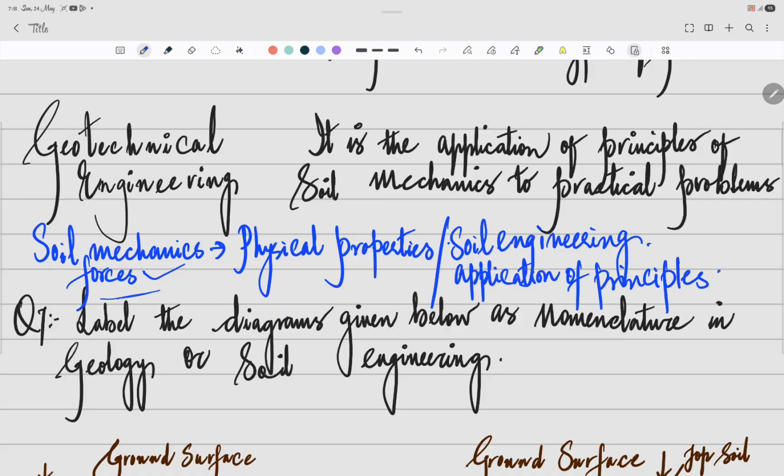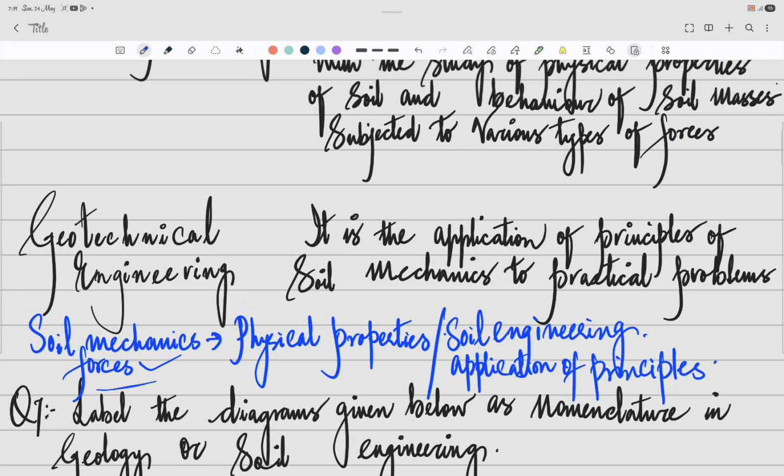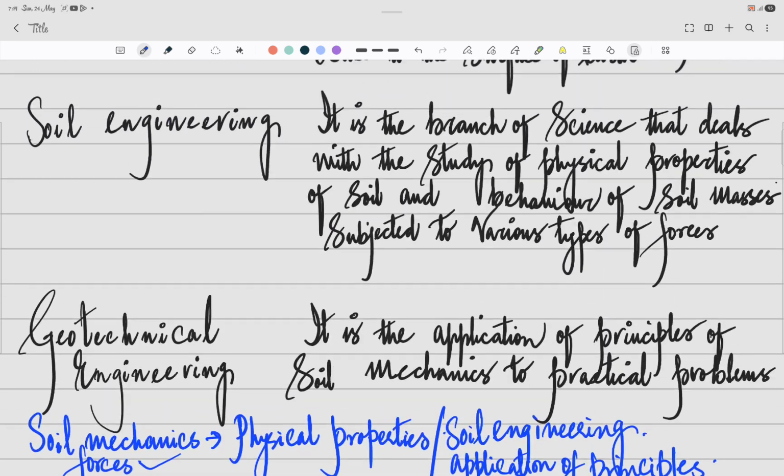Whereas geotechnical engineering is the subdiscipline of civil engineering that involves natural materials found close to the surface of the earth. All right, so let's move back and study.